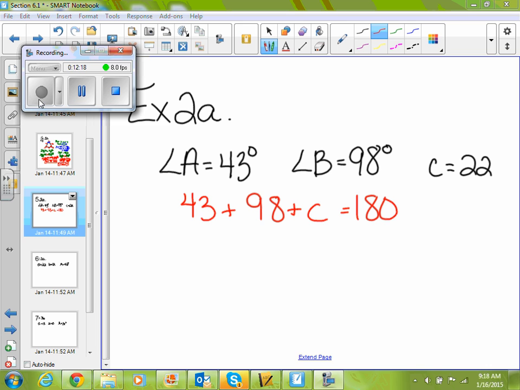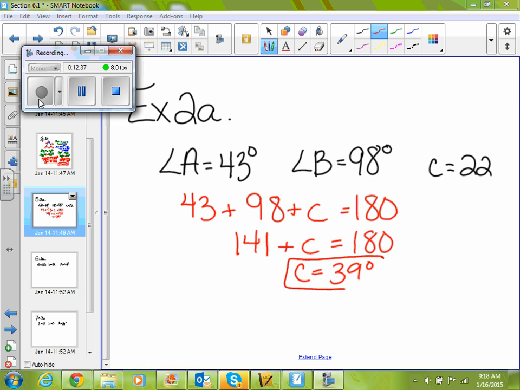So 43 plus 98 adds up to 141. So 141 plus some angle C equals 180. That tells me that C is equal to 39 degrees.